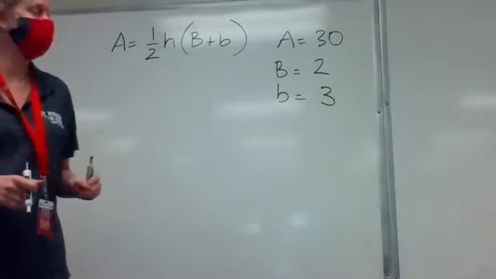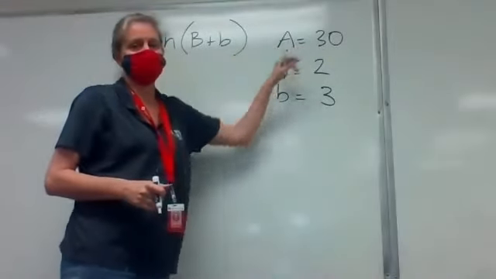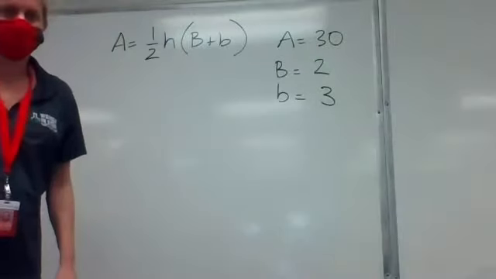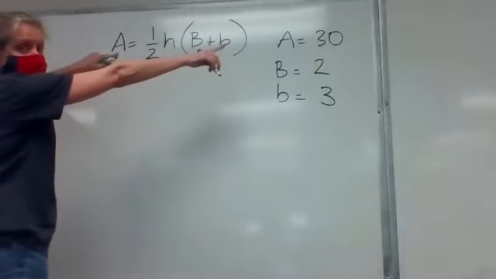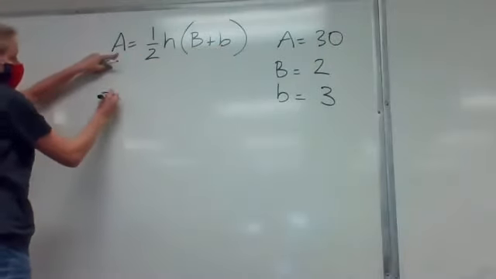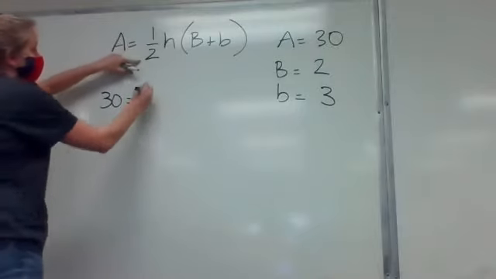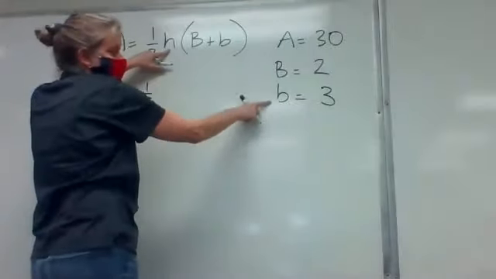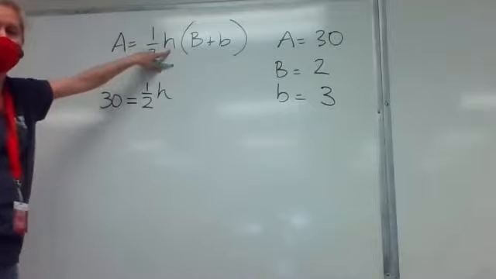Your first move is to go replace these letters with what number they tell us those letters are. So let's see, do they tell me what A is? They do. It tells me it's 30. There's my equal. Bring down my 1/2. Does it tell me what H is? It does not. So I still have an unknown H right here.